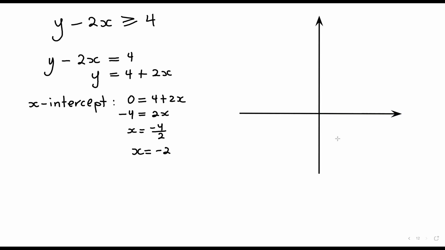This here is my y-axis, and here is my x-axis. The gradient is positive 2, so I expect a line increasing from left to right. The x-intercept is negative 2, so it cuts the x-axis at negative 2 and the y-axis at positive 4. So it's going to look something like this.